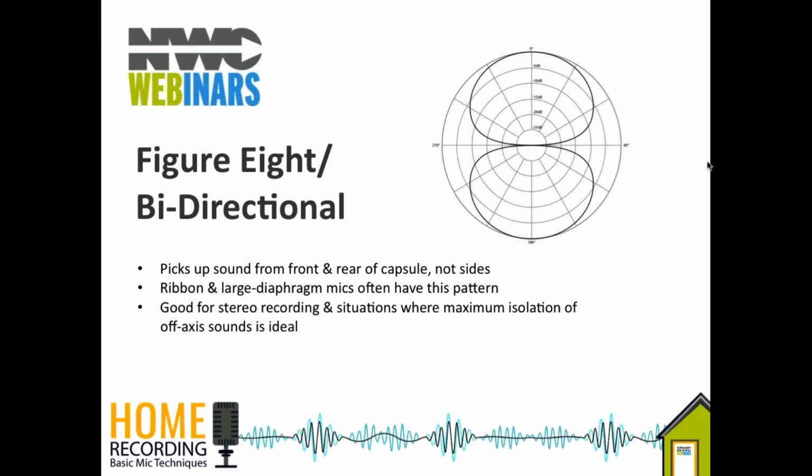What they do is have the figure eight pattern on the left and right side. On this graphic, you'll see the 90-degree point and the 270-degree point. Let's say the acoustic guitar is at that 270-degree or 90-degree position, and then you have another microphone pointed directly at the acoustic. That's a cardioid pattern.